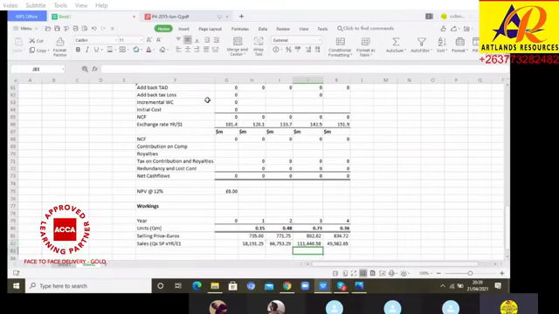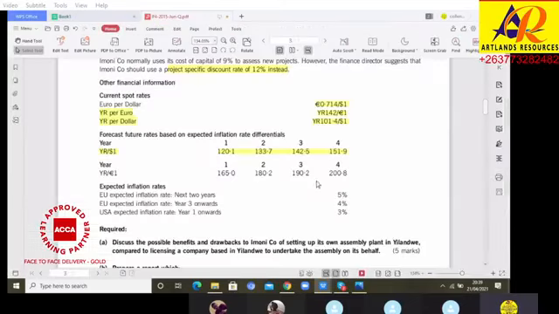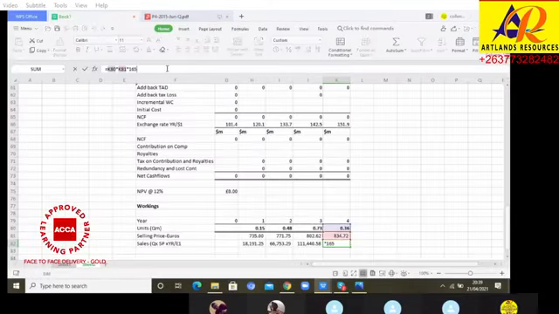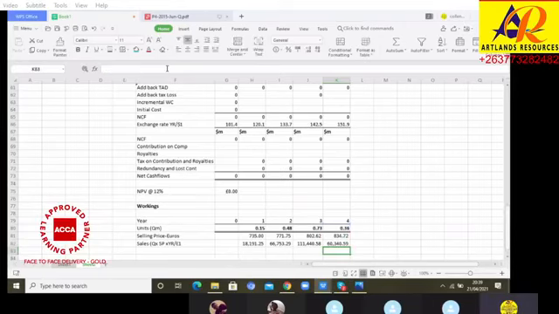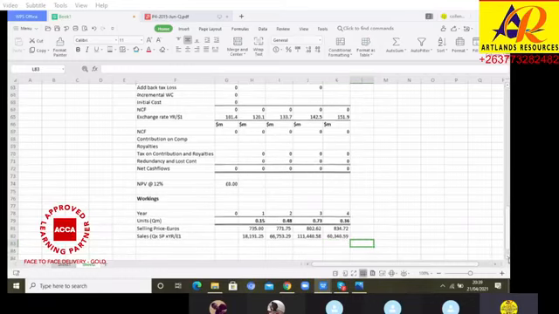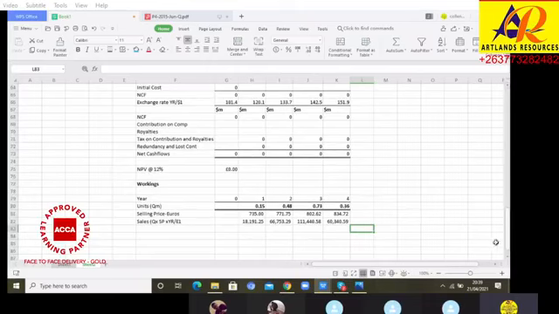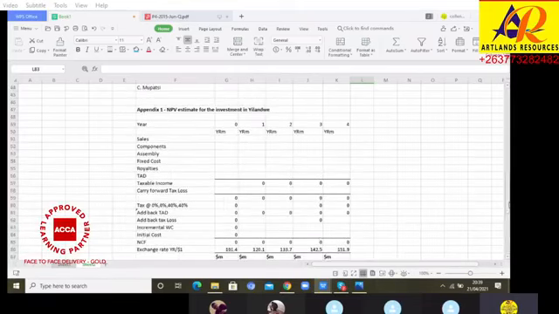In year 4, 200,8. I'm still working, but the examiner knows I'm going to get this right away. So my workings should follow my figures here.